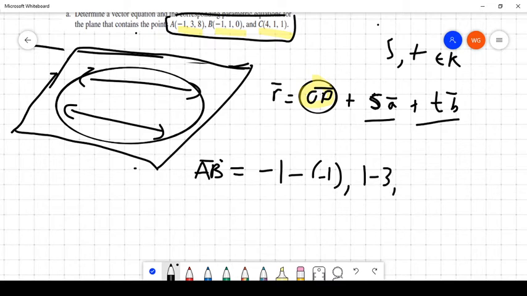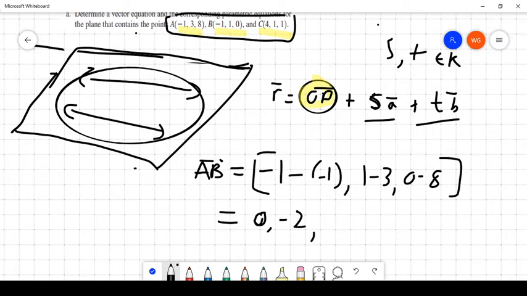That'll be the Y component. And the Z component will be the head of the vector minus tail. And then we'll just simplify that, right? That equals -1 plus 1, which is 0, and then 1 minus 3 is -2, and 0 minus 8 is -8.